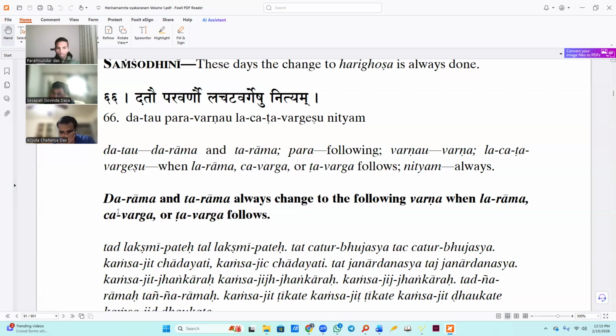So if there is Ta or Da at the first place, followed by La Rama or any of the letters from Cha Varga or any of the letters from Ta Varga, then the Ta or Da will become the same as the following letter.